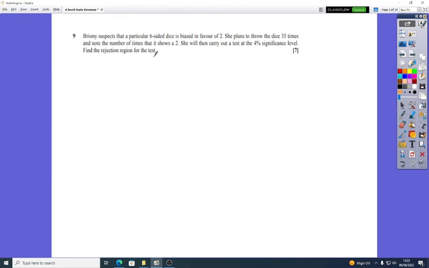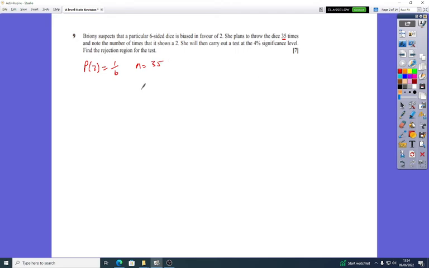Okay, so first of all, let's just have a quick look at this and first think about what kind of test we're going to run. Since there are a fixed number of trials, and we know that if it's a fair dice, the probability of getting a 2 will be 1 in 6, and we've been told that we're going to run this experiment 35 times.